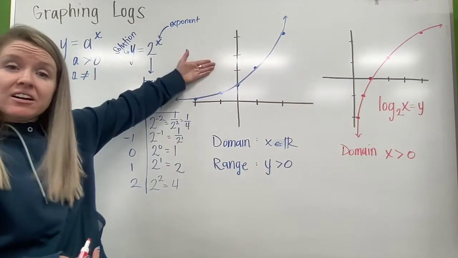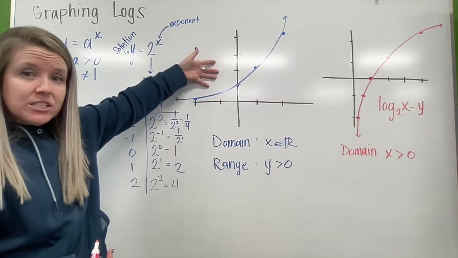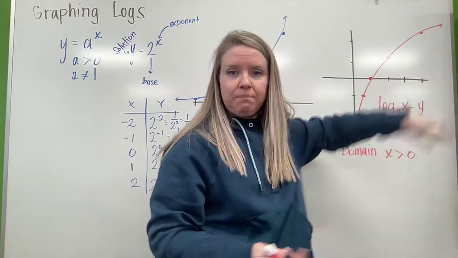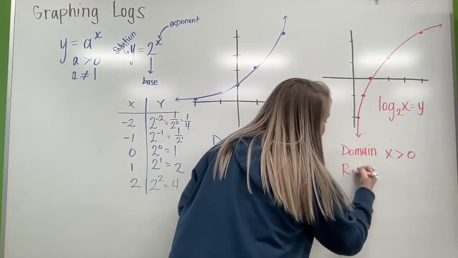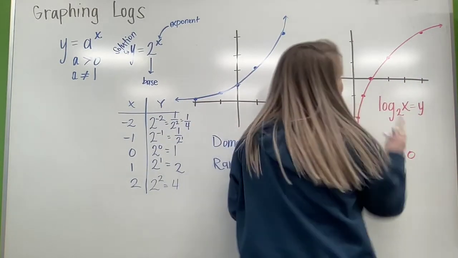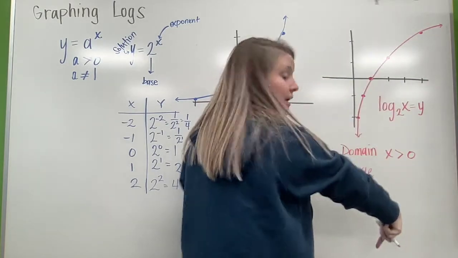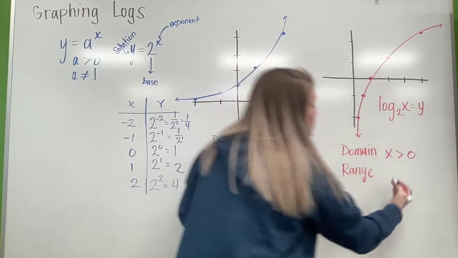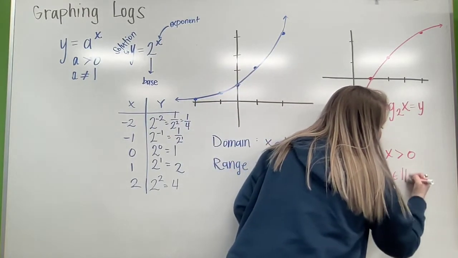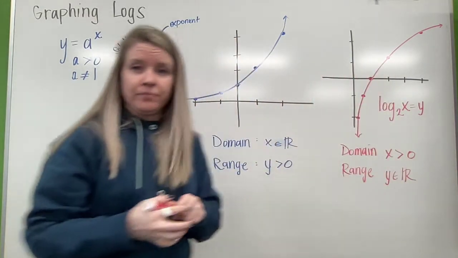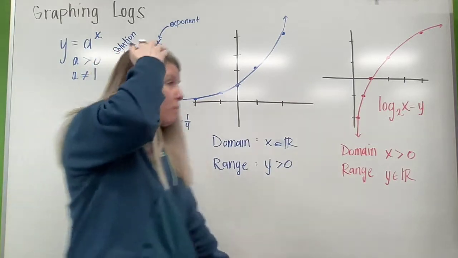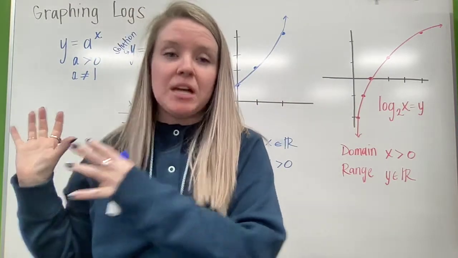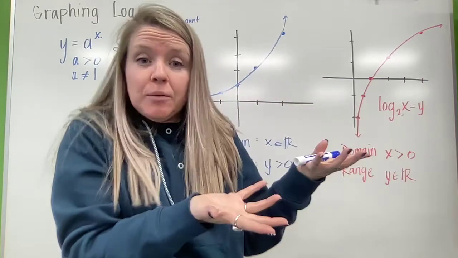Our outputs before were never negative, never 0, so my inputs have that same relationship. And for our range, this graph keeps growing and keeps declining, positive infinity and negative infinity, so my range will always be all real numbers. So we started with the exponential, graphed its inverse, and ended up with our log.